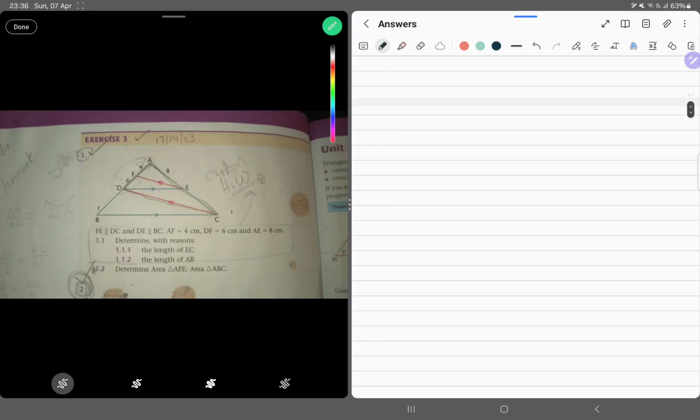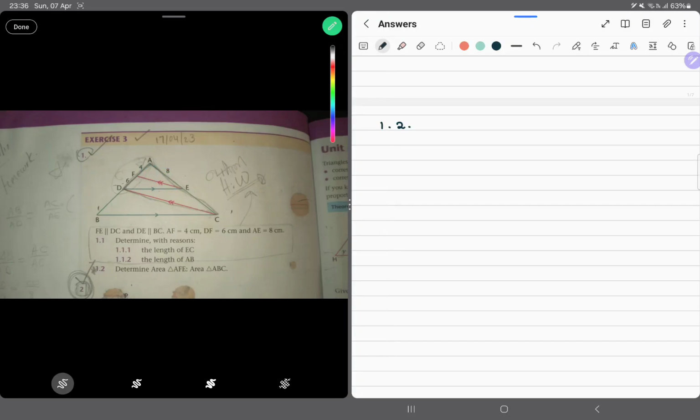Okay, let's do 1.2. It says now, determine the ratio of the area of AFE to the area of ABC. What we can see here is that angle A is common. So we can use the area rule because we want to eliminate things, since these don't look similar.